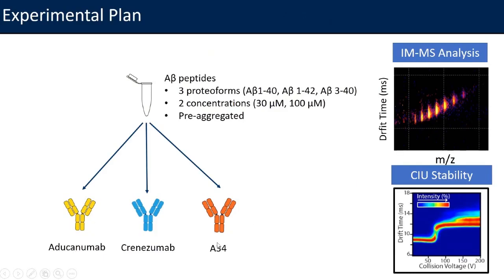We're challenging these antibodies with three different A-beta proteoforms: A-beta 1 through 40, 1 through 42, and A-beta 3 through 40, at concentrations of 30 micromolar and 100 micromolar. The idea is that we're going to pre-aggregate both of these populations, but the higher concentration is going to concentrate the sample for larger amounts of oligomers that they can use. And we're going to track both the native ion mobility mass spectrometry data as well as the CIU data.